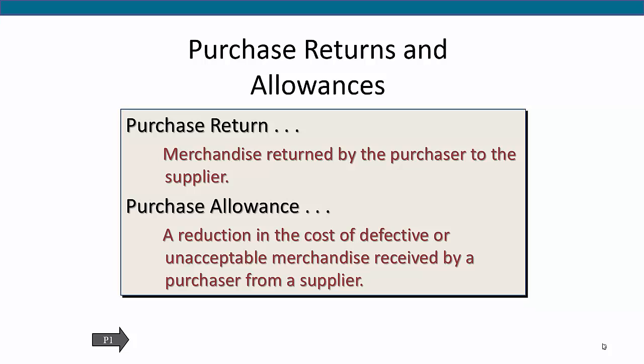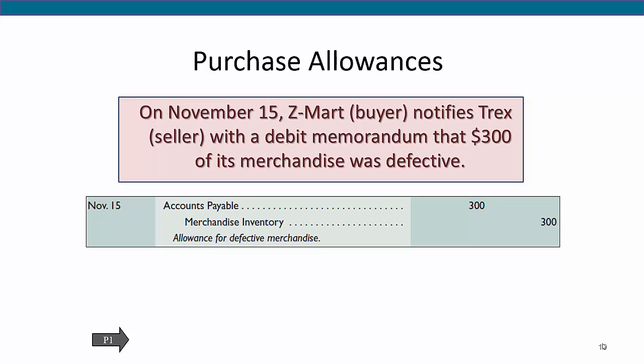So an allowance may be given if there's a slight defect in the merchandise or because a shipment was late. In these cases, the customer keeps the merchandise and just receives a price reduction as an allowance. Both of these items, though, do reduce the cost of merchandise recorded in the merchandise inventory account. We'll take a look at a couple examples on the next slide.